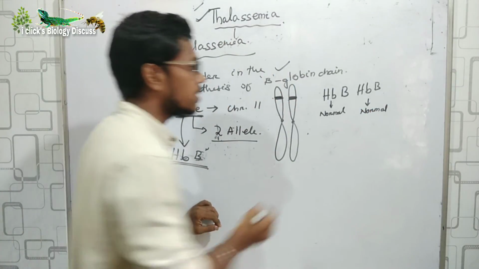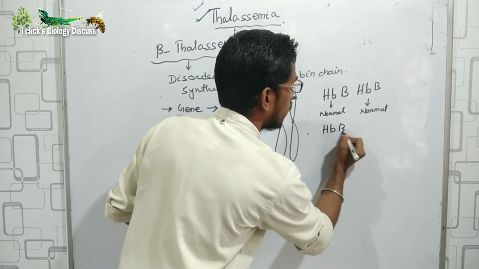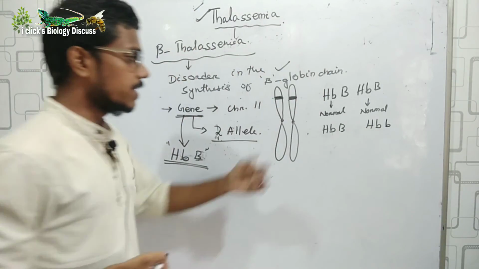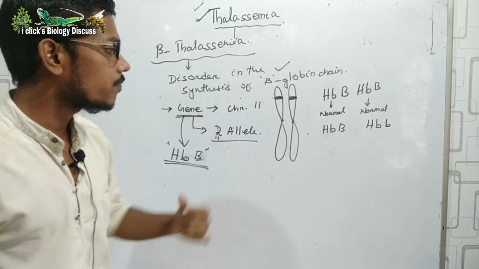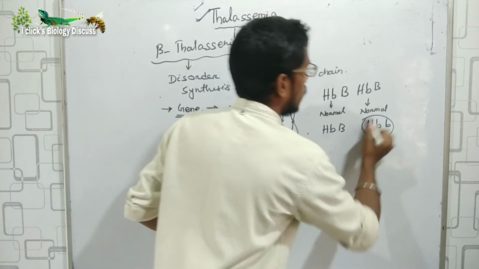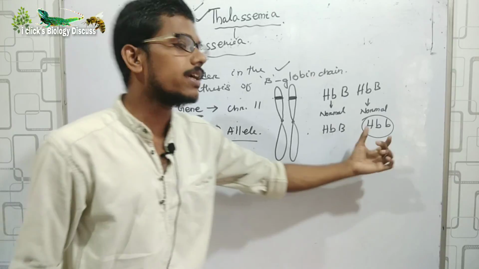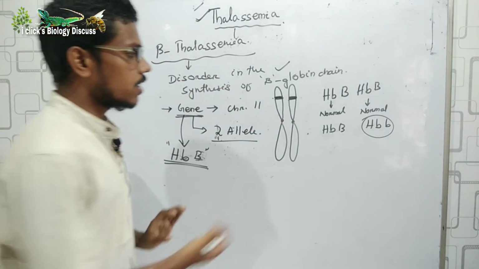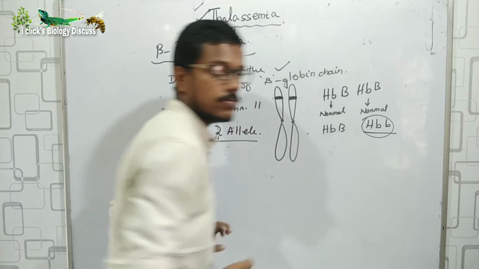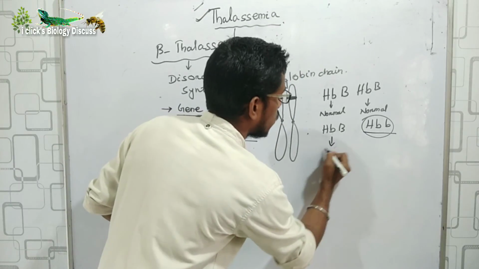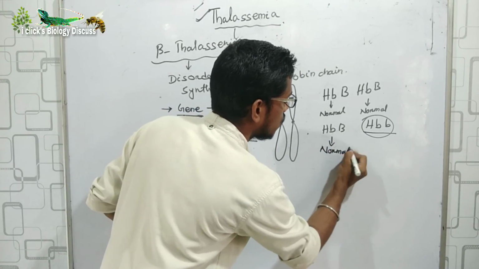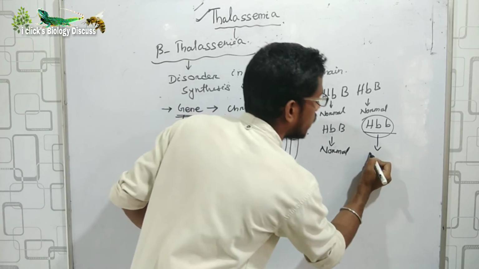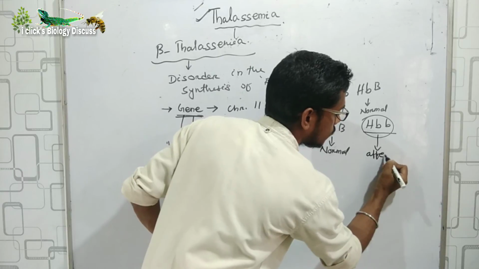But if we see HBB with a small b, that represents a mutation in one of these two alleles. One allele is affected, or mutated. This is the normal allele, present in the dominant condition, but this is in the recessive condition, and this is the affected allele.